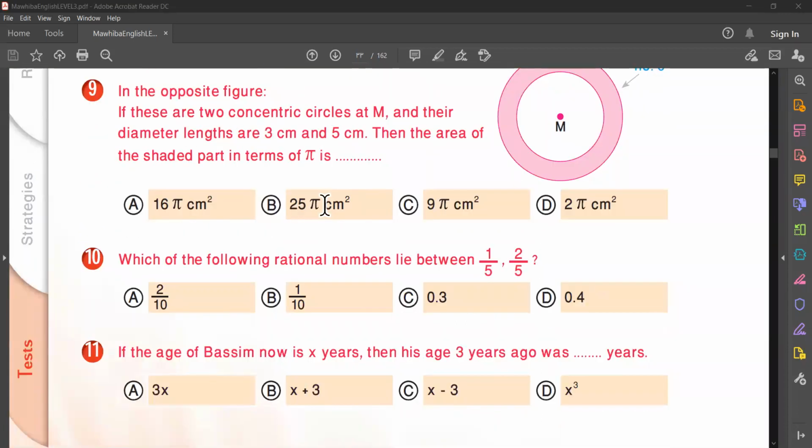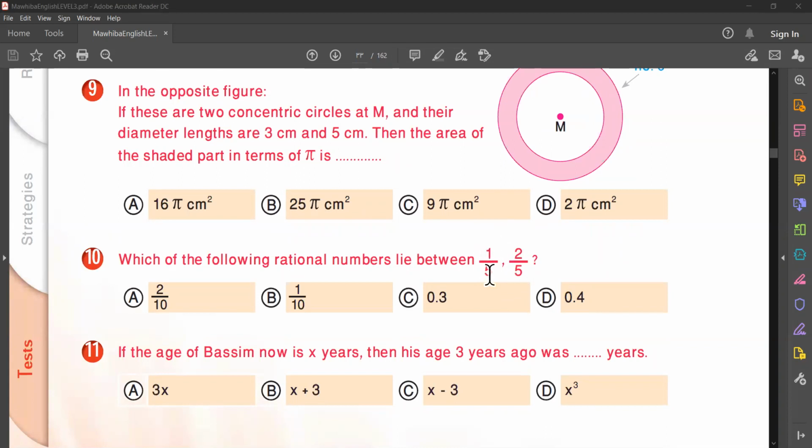Okay. Number 10. Which of the following rational numbers lie between 1/5 and 2/5? Is there any number between 1/5 and 2/5?